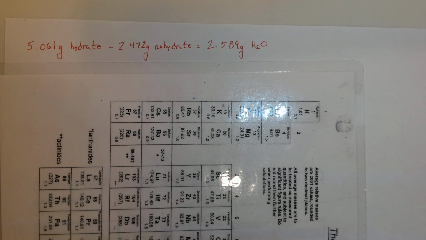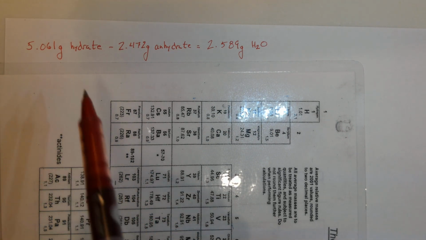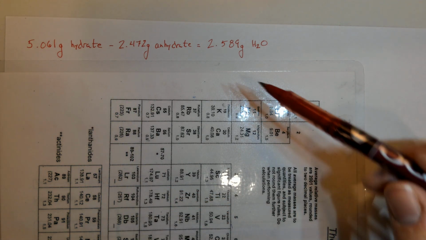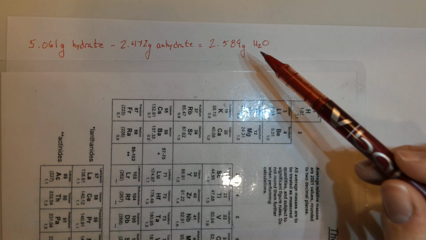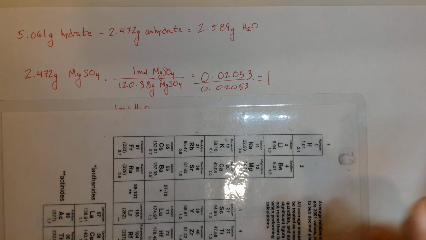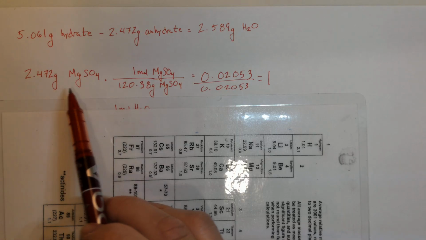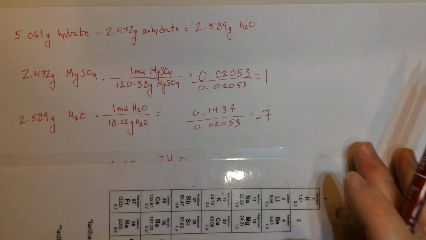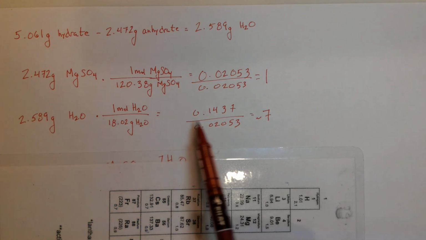All right, welcome back. Hopefully you've had a chance to do this together. So here's what I did. First, I went ahead and said, okay, 5.061 grams of hydrate minus 2.472 grams of anhydrate should give me 2.589 grams of water. Great, from there, I calculated the number of moles of anhydrate that I had and the number of moles of water that I had.